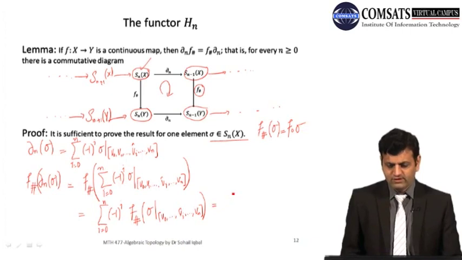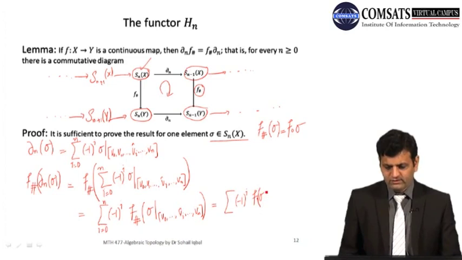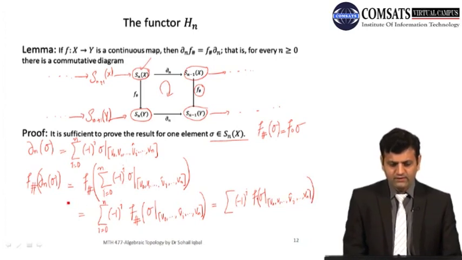So basically this expression becomes minus 1 raised to power i, f composition sigma, and this sigma is restricted to this thing, so we can say f composition sigma restricted to v0, v1, up to vi hat, vn. That's what we have when we apply this boundary map first and then apply the f hash.